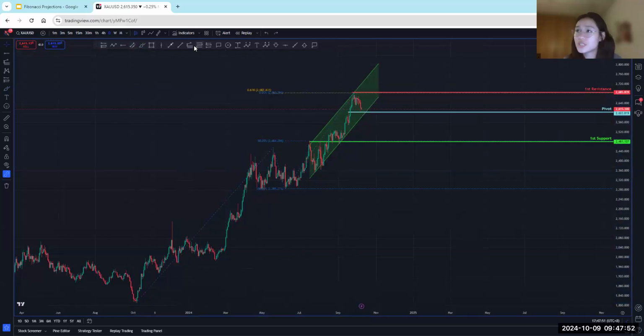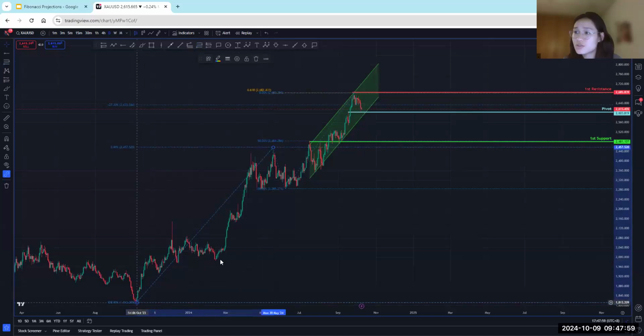Okay, so like I mentioned earlier, you can use your expansion as well to see if there are any levels.